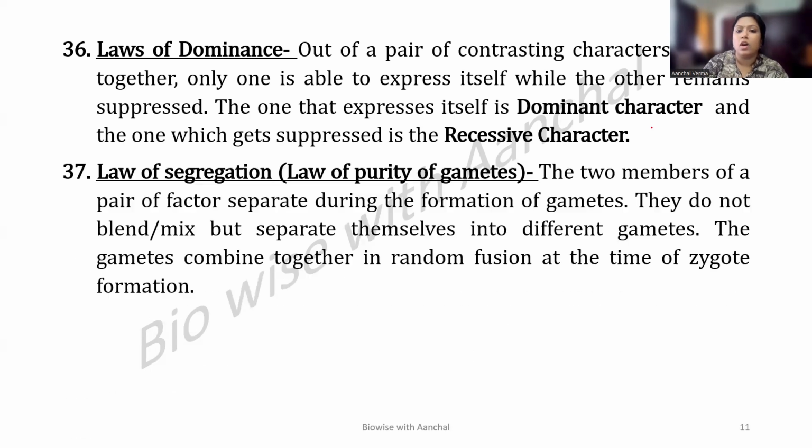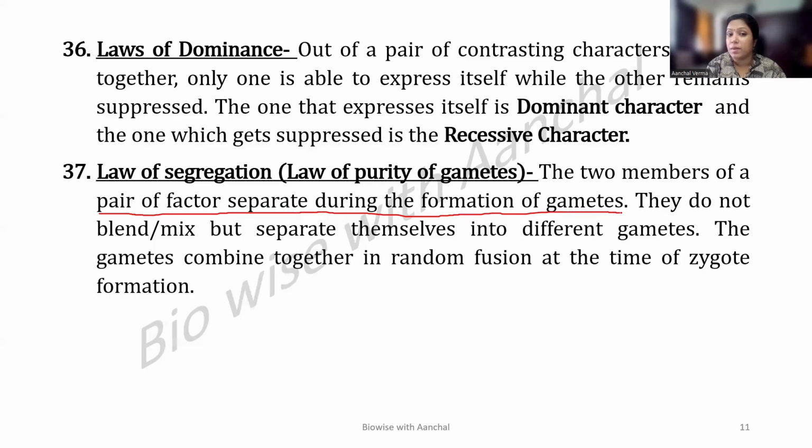Okay. Law of segregation or law of purity of gametes. This can be explained very well in the monohybrid cross F2 generation. So law of purity of gametes: the two members of a pair of factors separate during the formation of gametes.